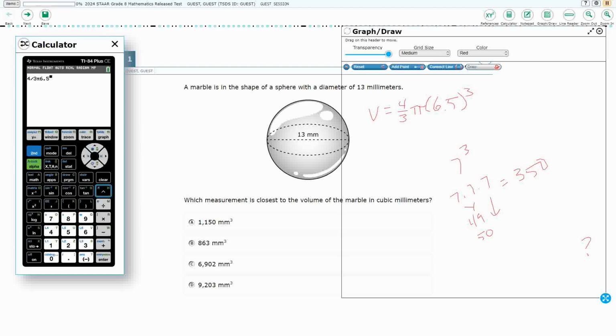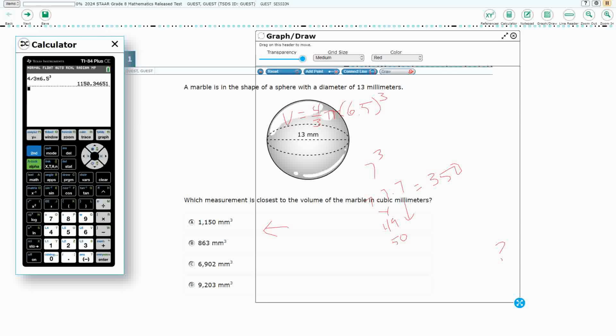So I'm going to use that caret symbol, and you see it automatically goes up to the exponent. There we go, 6.5 to the third. We really don't need any parentheses because the order of operations still has us do that one first. So let's see what we get, and we do get 1,150.34, and they just wanted it to the nearest whole number. So that one does look good.